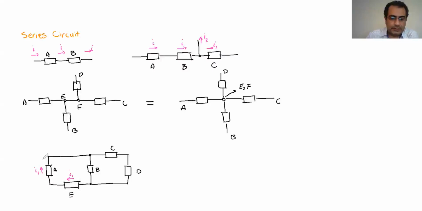Or if the I1 goes the other way around, whatever goes through A has no choice but to go through E. But if you look at A and B, or B and E, I come here, but between them there's a third wire here. Although those ends are connected together, since there is more than a single wire, these two are not in series anymore. So A and E are in series, but B is not in series with E or A.